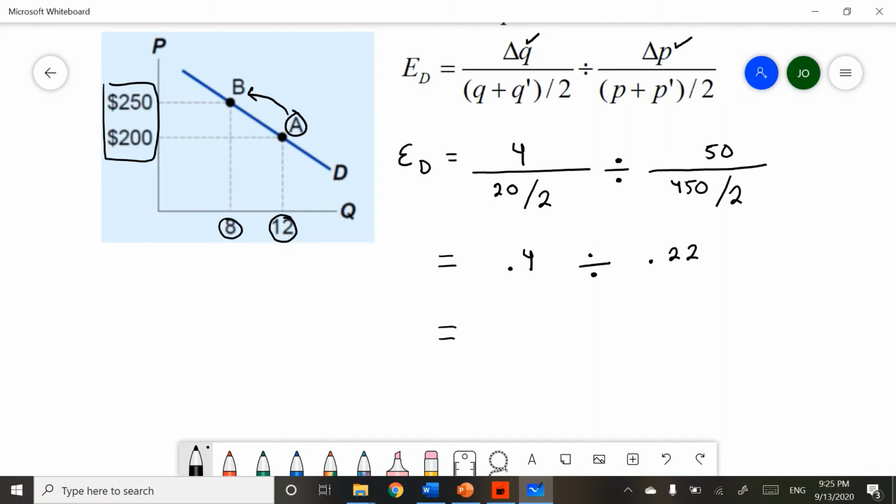This means the final answer for elasticity of demand in this second example is 1.81. This is how we calculate elasticity of demand.